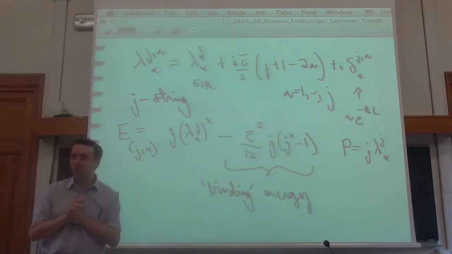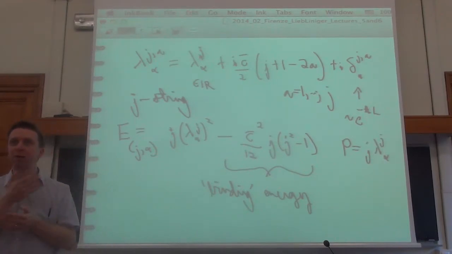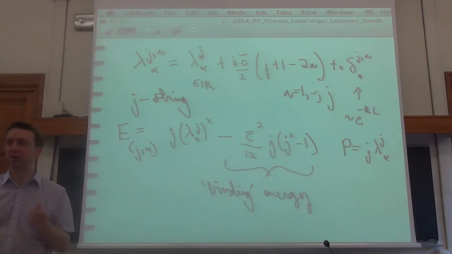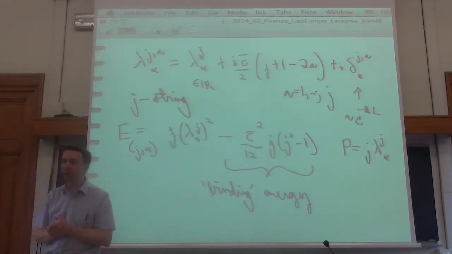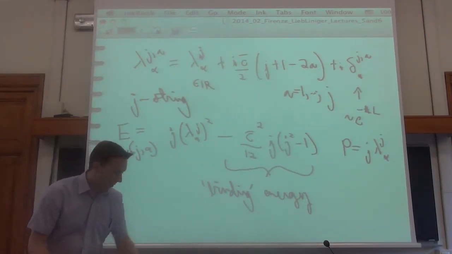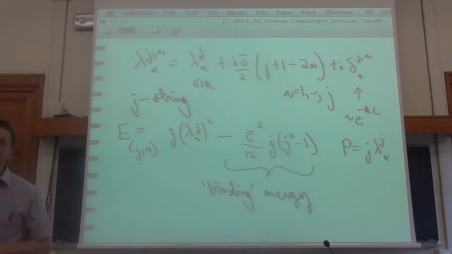So instead of having just type 1 and type 2 modes, like in the repulsive case, you here have all possible strings. So you suddenly have an infinite number of particles in there. There's just these strings of arbitrary lengths. Okay? So, I mean, we only have like a half hour left.